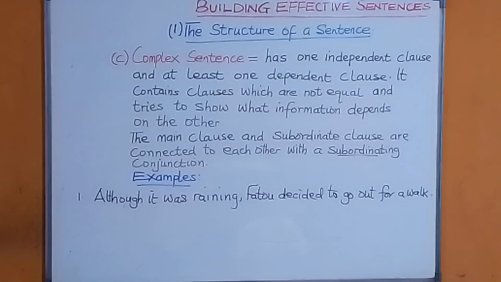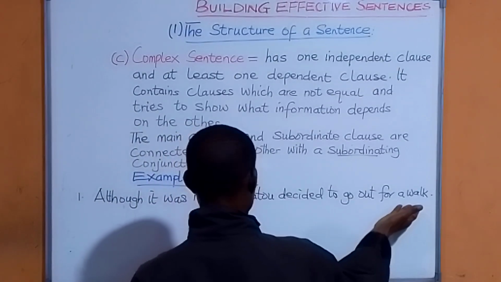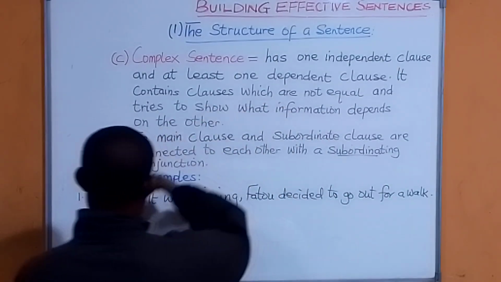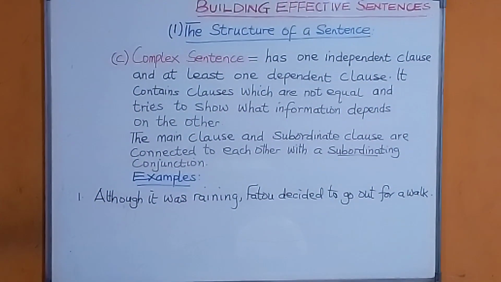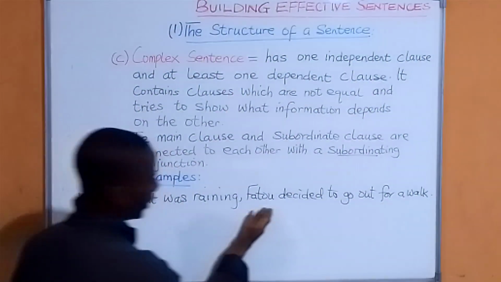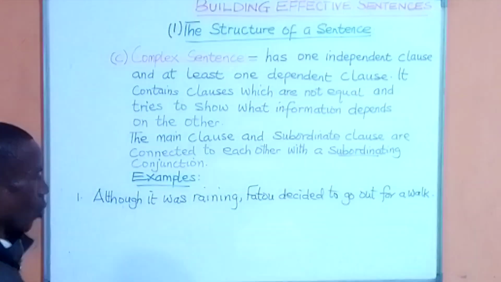Although it was raining, Fatu decided to go out for a walk. Now you see, this walk that Fatu decided to go on was as a result of this. So although it was raining, Fatu decided to go for a walk.